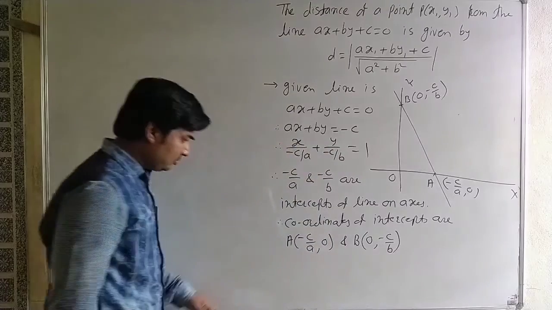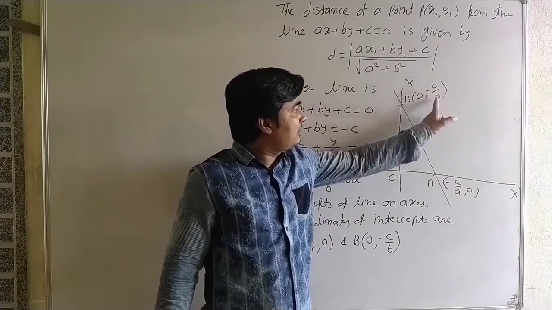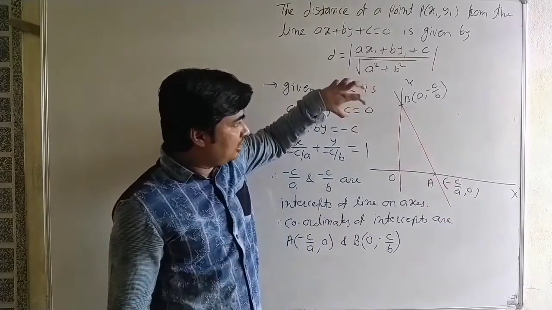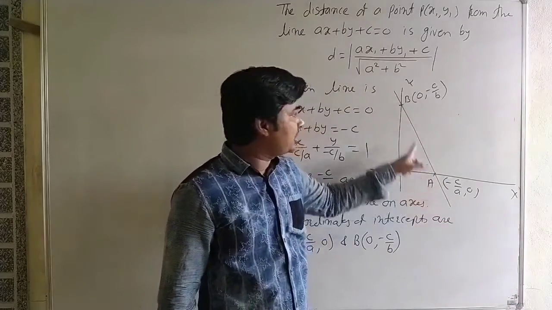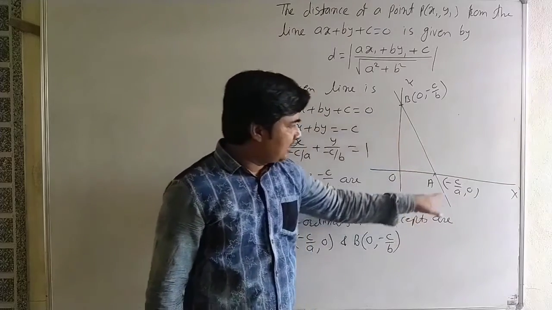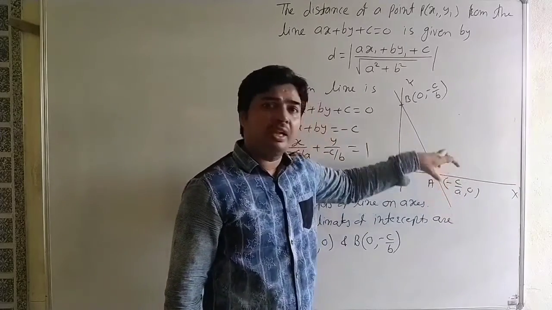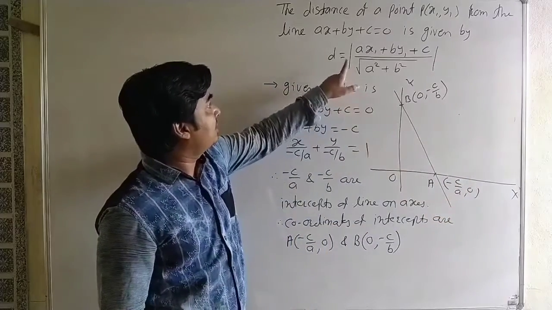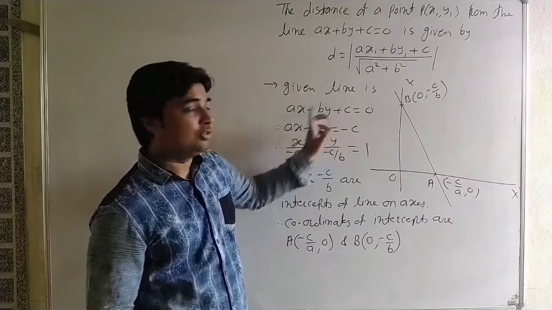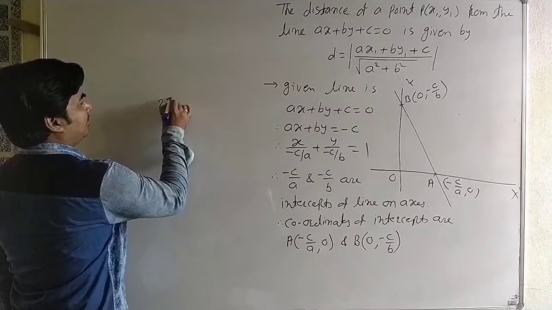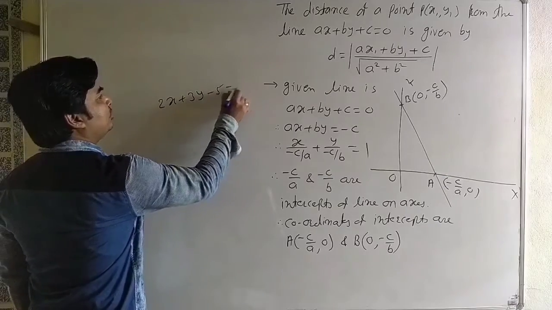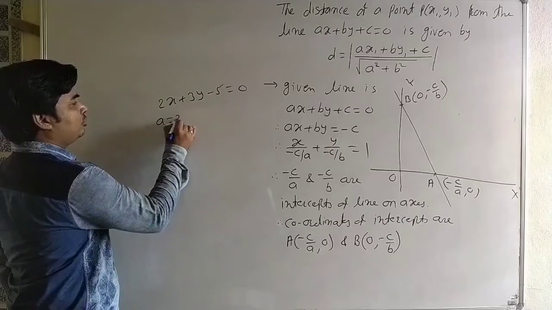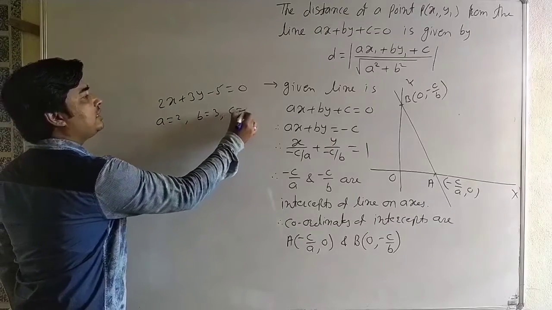Here the notation minus c by b and minus c by a looks negative, but we consider the positive x-axis and positive y-axis. Whether c by a is positive depends on the values of c and a. Take the line ax plus by plus c. If the line is 2x plus 3y minus 5 is equal to 0, then a is equal to 2, b is equal to 3 and c is equal to minus 5.